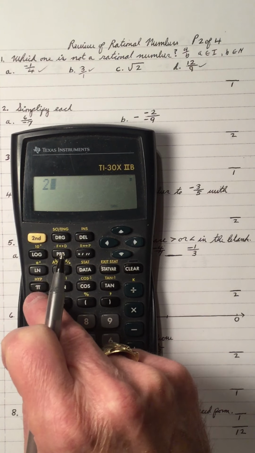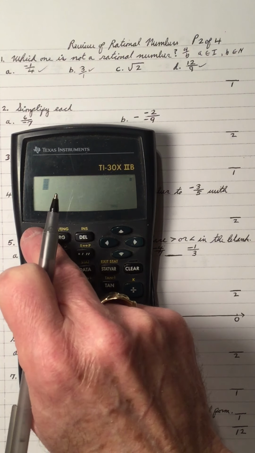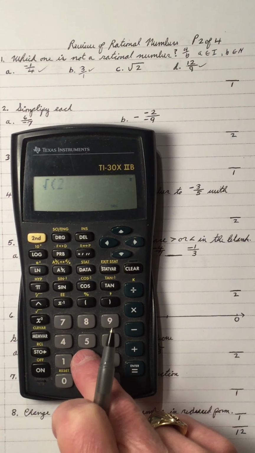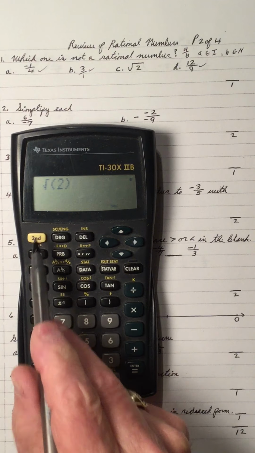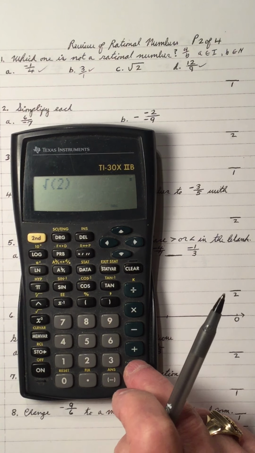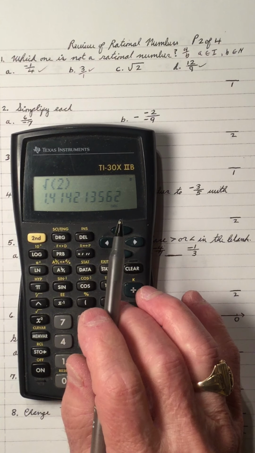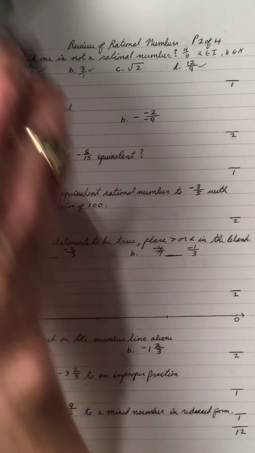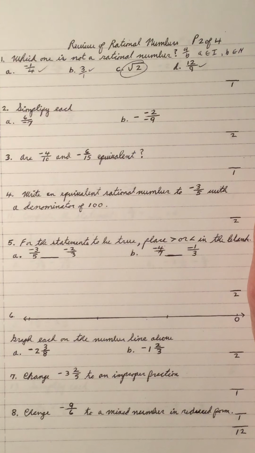So 2 square root, no. And let's clear it. Oh, I got it. Just had a little square root. Because it's in yellow, I have to hit the second function first. So the square root of 2 is 1.4142. Notice it's not a repeating decimal, so the square root of 2 is the number that's not rational.